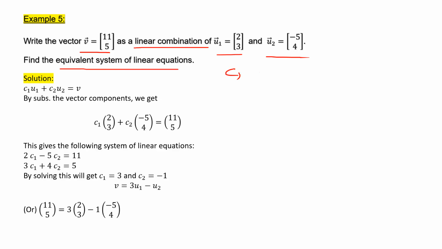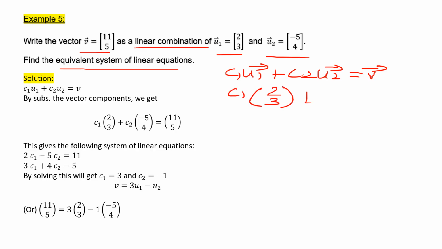So let us consider the formula c1 u1 plus c2 u2 vector is equal to v vector. By substituting the vector components here, I will get c1 (2, 3) plus c2 (minus 5, 4), that is equal to (11, 5).